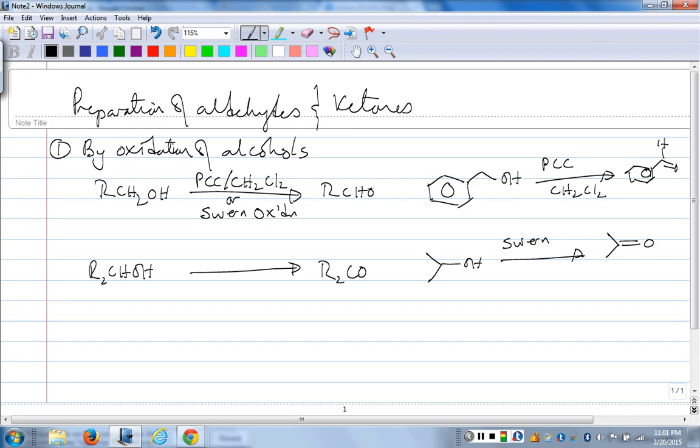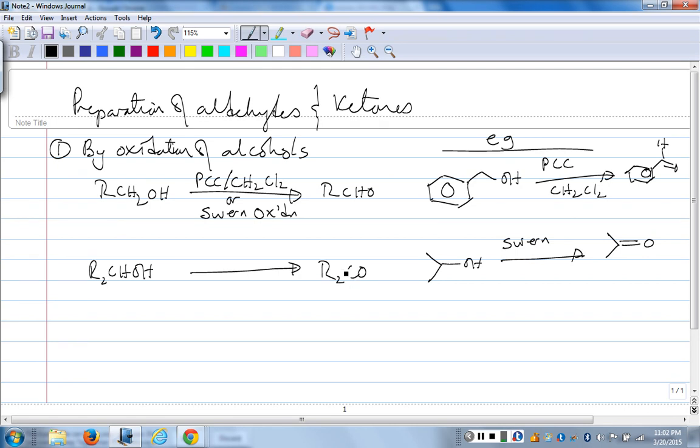The difference is that, unlike aldehydes, which are further oxidizable, and therefore there is a danger that if your oxidant is too potent, it will oxidize the first formed aldehyde into the carboxylic acid, ketones of course are not oxidizable.